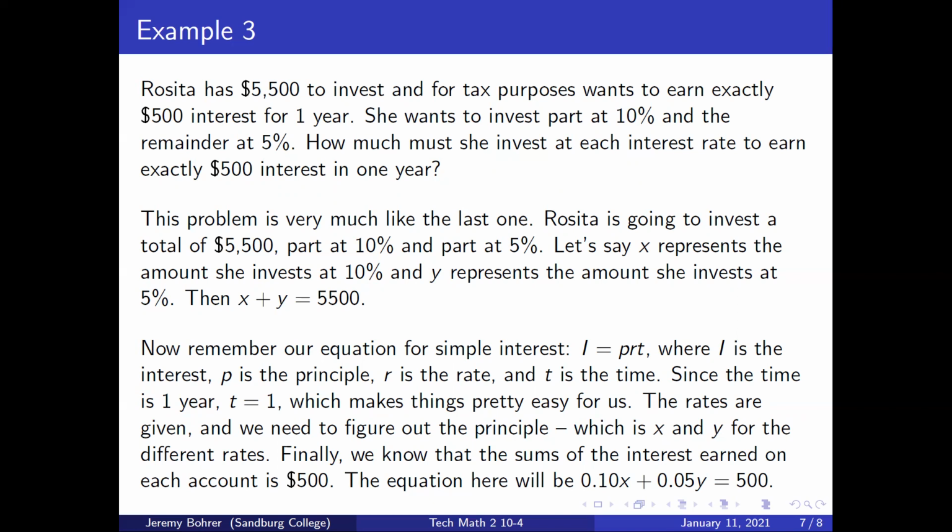Since the time is 1 year, T equals 1, which makes things pretty easy for us. The rates are given, and we need to figure out the principal, which is X and Y for the different rates. Finally, we know that the sum of the interest earned on each account is $500. The equation here will be 0.10x plus 0.05y equals 500.